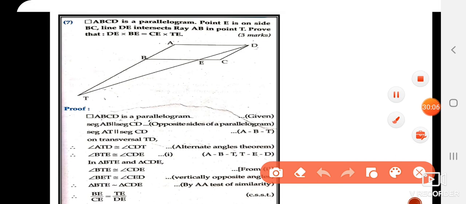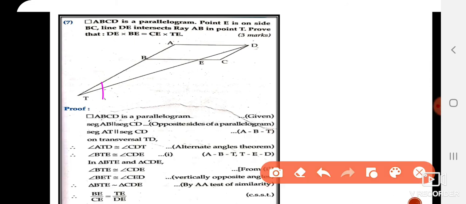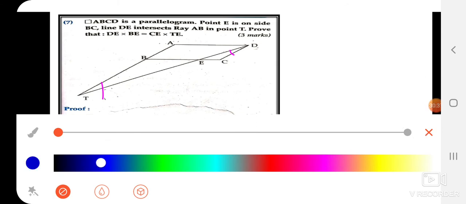Then you can say this angle ATE is congruent to CDE. Actually, it is ATD congruent to TDC, but we can name it as ATE congruent to EDC. Okay, so that is an alternate angle. Then we can also say that BET is congruent to DEC, vertically opposite angles.